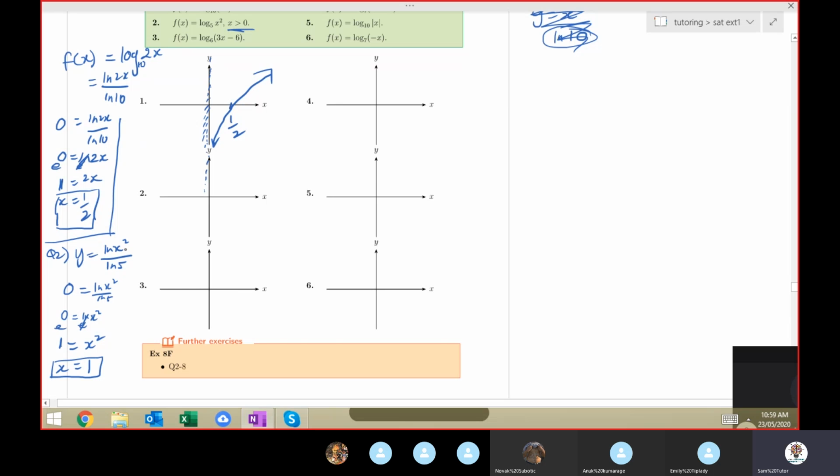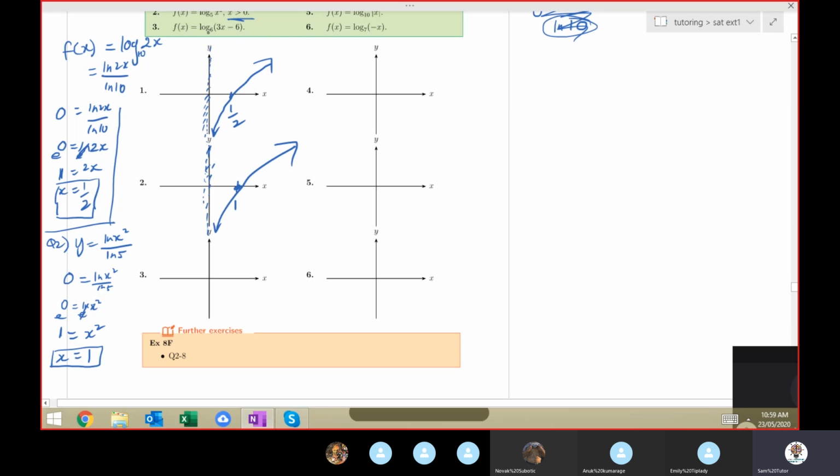And obviously you guys know this hasn't moved left and right, it's just x squared. So the asymptote is still at 0, cutting at 1, and voila. Easy stuff. You got no questions? We'll start the next one.